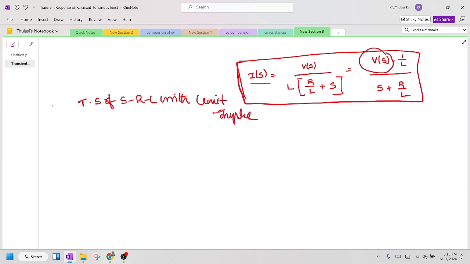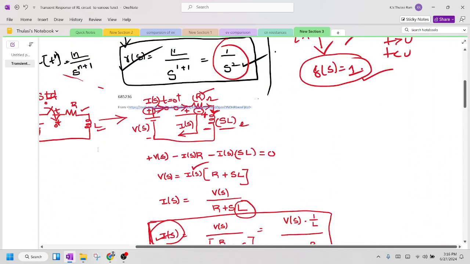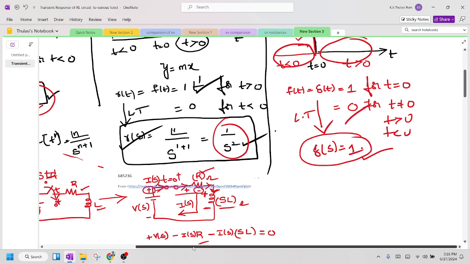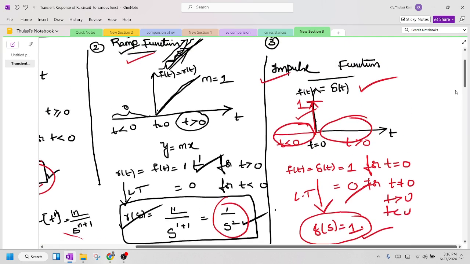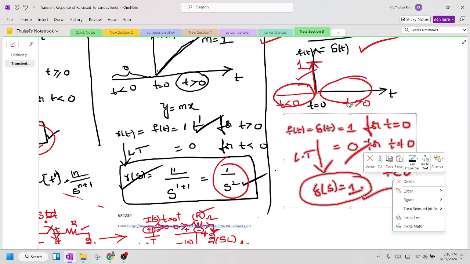When you refer to the standard video on the unit impulse signal, we have already explained what is meant by a unit impulse. This is how the unit impulse signal is, and its Laplace transform is 1.